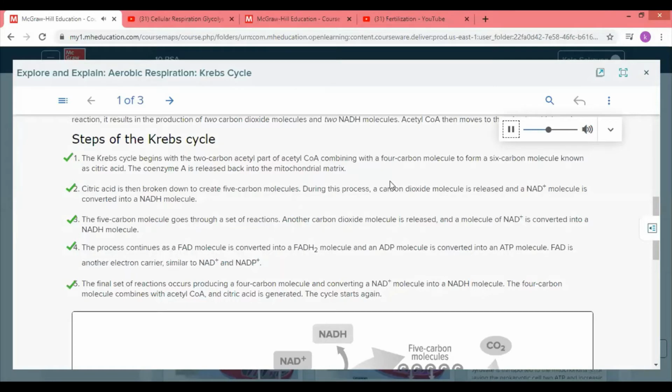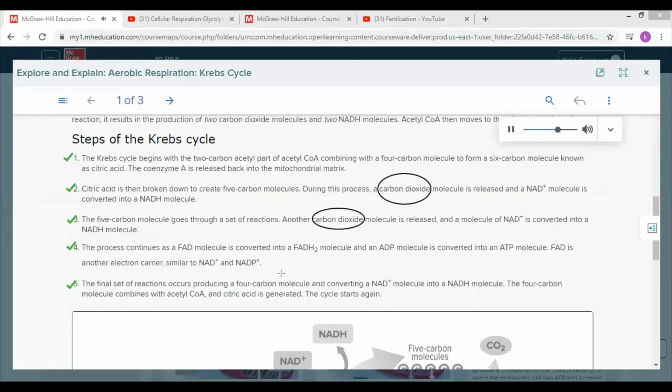The coenzyme A is released back into the mitochondrial matrix. Citric acid is then broken down to create a 5-carbon molecule. During this process, a carbon dioxide molecule is released and a NAD+ molecule is converted into a NADH molecule. The 5-carbon molecule goes through a set of reactions. Another carbon dioxide molecule is released, and a molecule of NAD+ is converted into a NADH molecule.